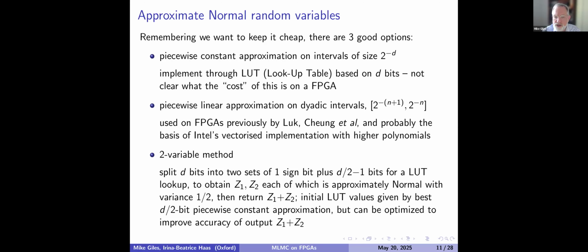And if we design that so that each of those has a variance of a half, then returning the sum of Z1 plus Z2 gives an approximate normal with a variance of 1. And you can optimize those lookup table values to get a surprisingly good output from this two variable method.